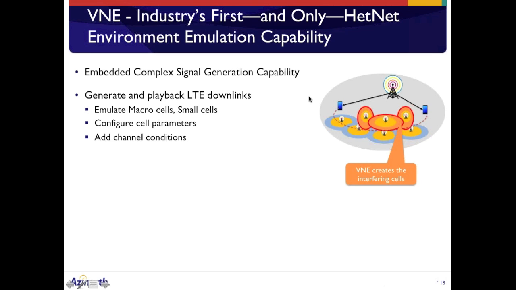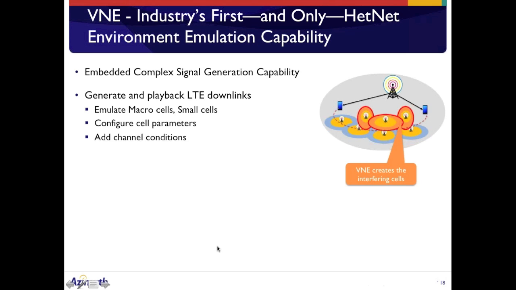I can make it a femto cell, pico cell. It's entirely up to you. You can configure all the cell parameters. How many antennas does my cell have? What transmission mode am I using? What loading am I seeing? How many people do I have on my cell that is causing the loading of the cell? So you as a user have total control over how you're configuring these cells.